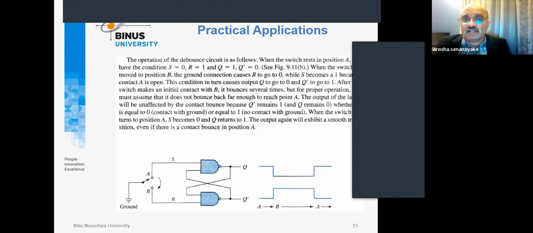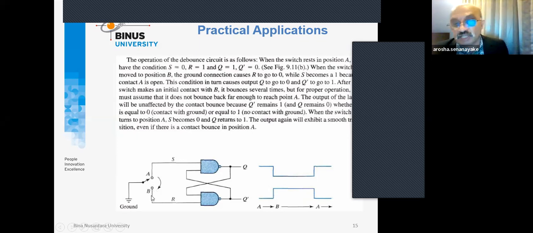But of course, the practical application of this, as I told you a short while ago: as far as we have this connected to A, that means S is equal to 0, because this is connected to the ground. Simply connecting to the A point, we are connected to the ground, which shows here we have 0.